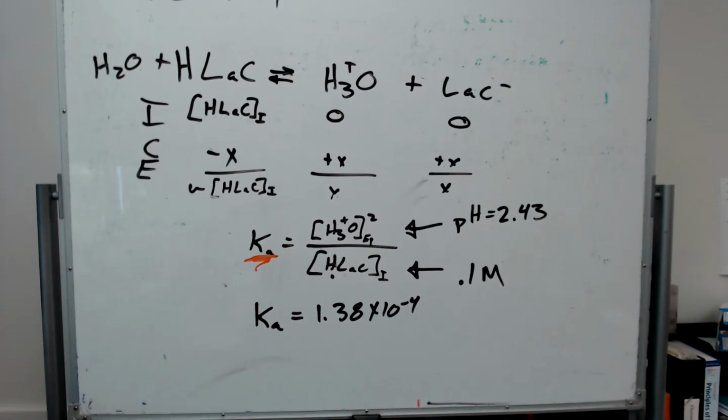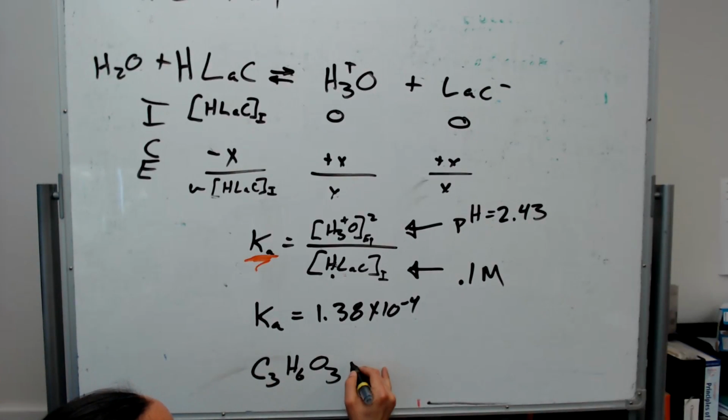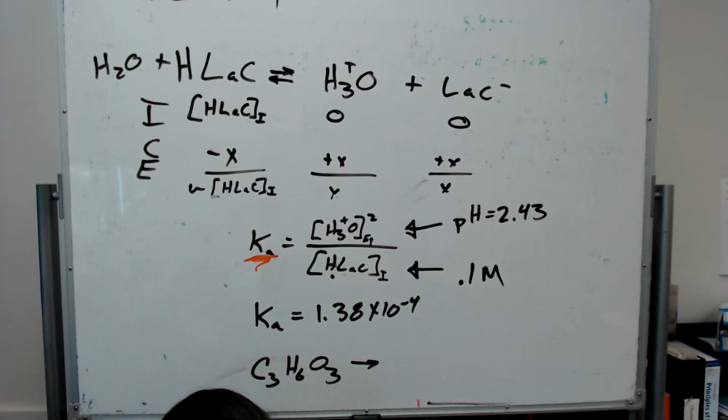Here's another check we can do. Do you know what's the molecular formula for lactic acid? C3H6O3. If we put this into a structure, I have to remember what the structure of lactic acid is. If we put this into a structure, we can use our qualitative rules to say if it makes sense that we have an acid that's a bit stronger than acetic acid.